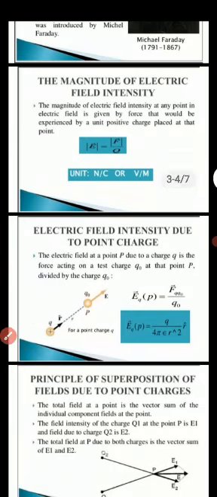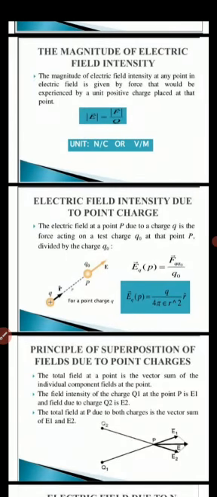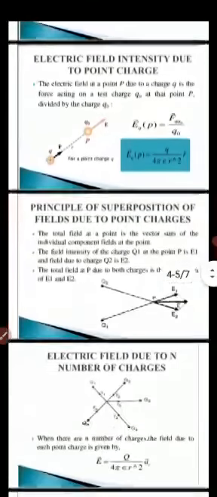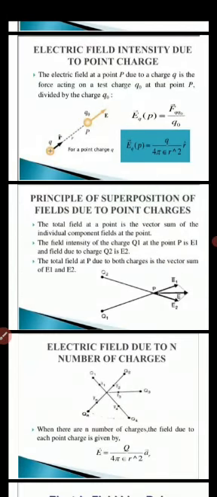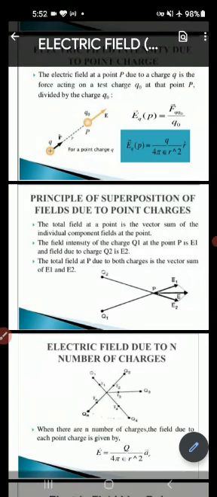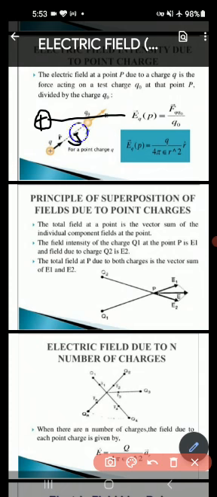Now, electric field intensity due to a point charge. Suppose a source charge Q is given. It is positively charged, and at some distance r, a unit test charge Q naught is kept.